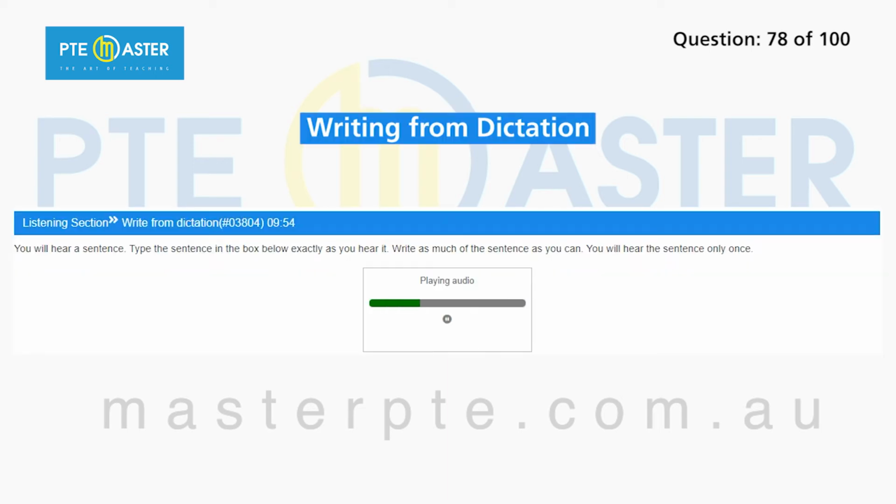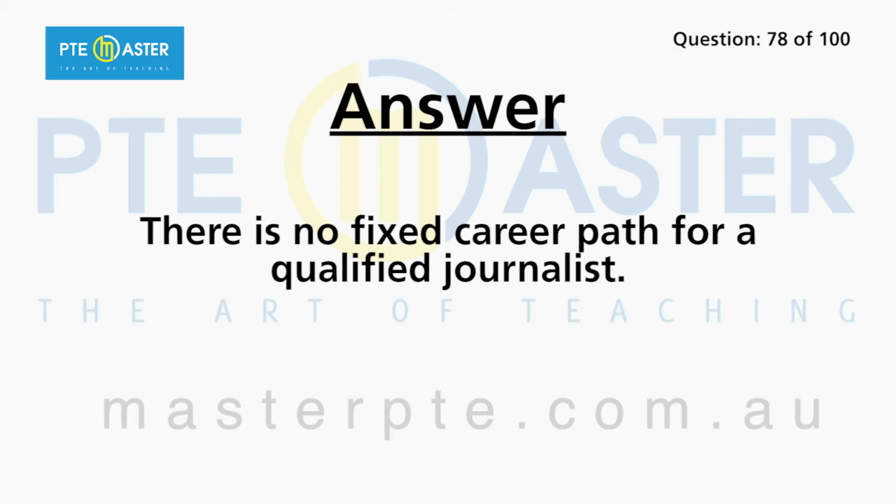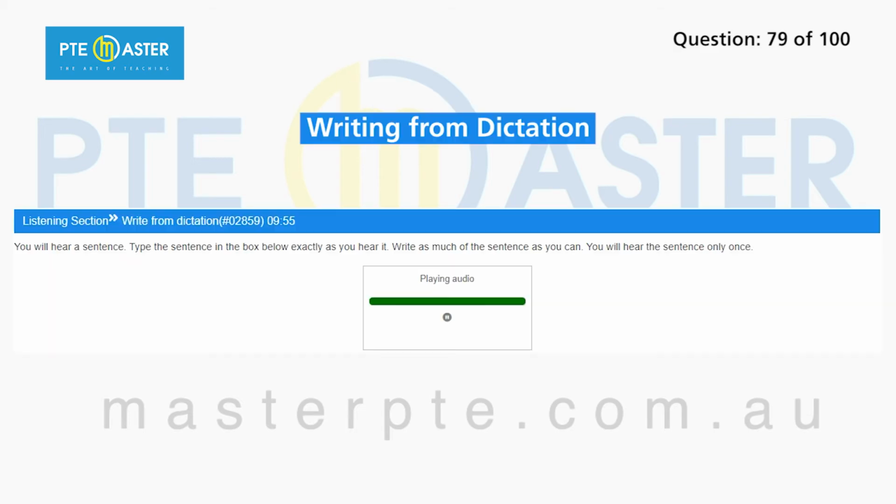There is no fixed career path for a qualified journalist. Graphs are often useful for geographical research.